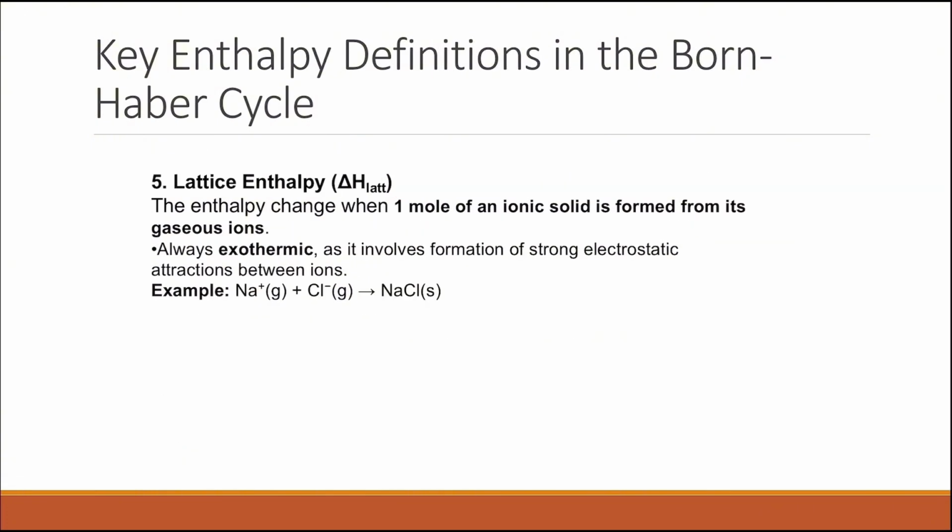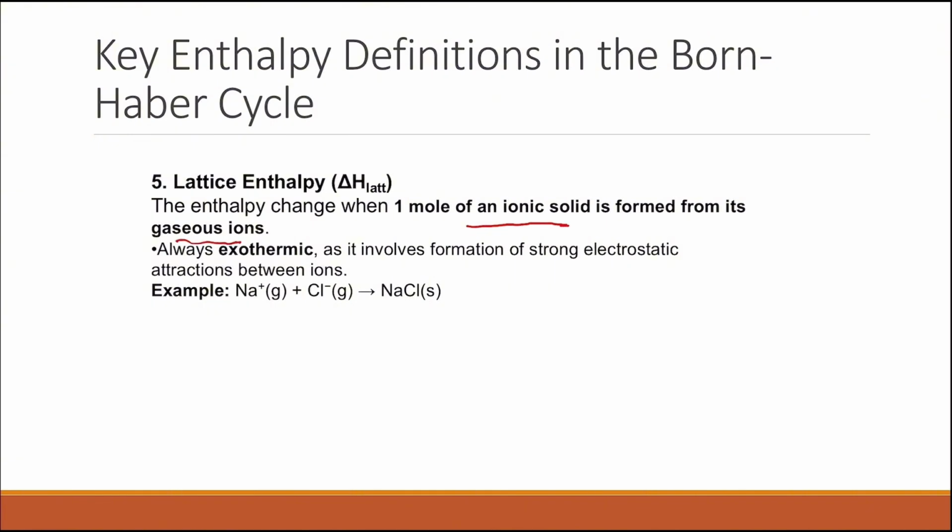And then finally, the lattice enthalpy. So the standard lattice enthalpy of formation or of dissociation. These are opposite to each other and they have the same value, but one is exothermic and the other one is endothermic. Lattice enthalpy of formation is the enthalpy change when 1 mole of ionic solid is formed from its gaseous ions.